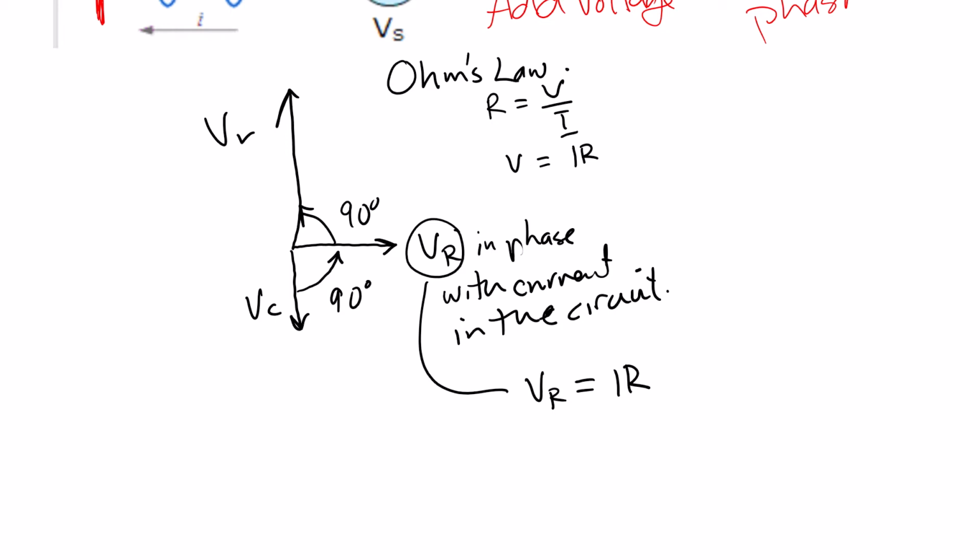But when it comes to inductors, we have the formula voltage across the inductor is equal to I X_L, the reactance of the inductor, because remember, reactance is the impedance, the resistance of flow within an inductor. And when it comes to capacitor, the voltage across the capacitor is equal to I X_C, the reactance of the capacitor.